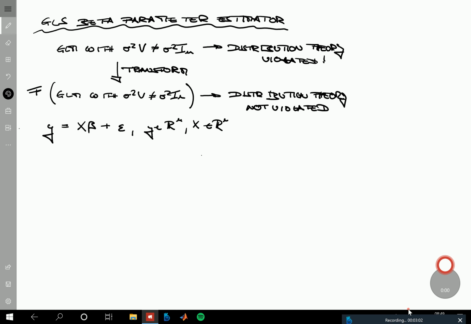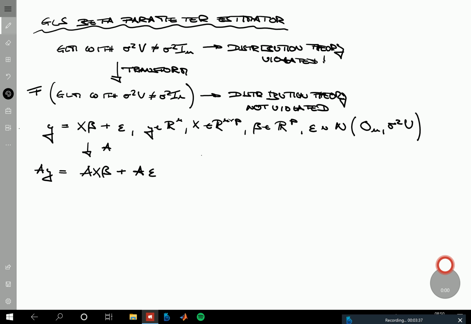This is n times p, this is p, and our epsilon is distributed according to a normal distribution, and now of course with non-spherical error sigma square V. Now we assume that we can transform this, namely by multiplying this whole thing with a matrix A, so that we get on both sides A times y equals A X beta plus A epsilon, where A is actually a square matrix.